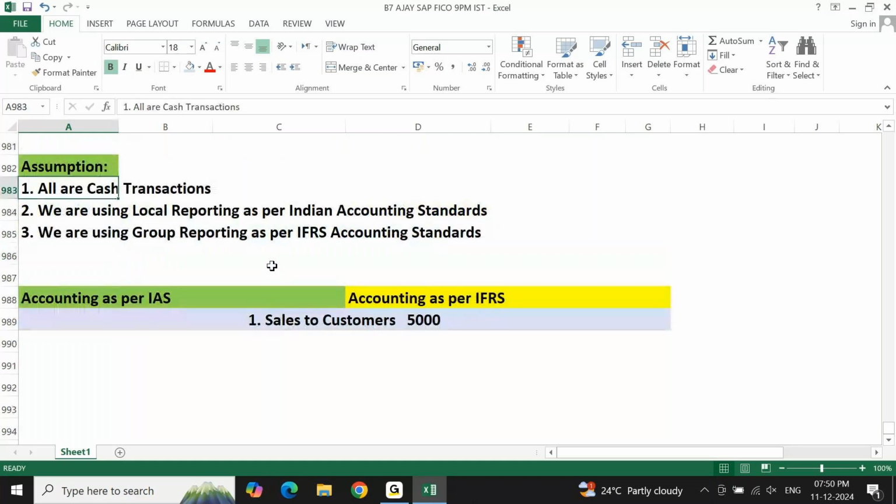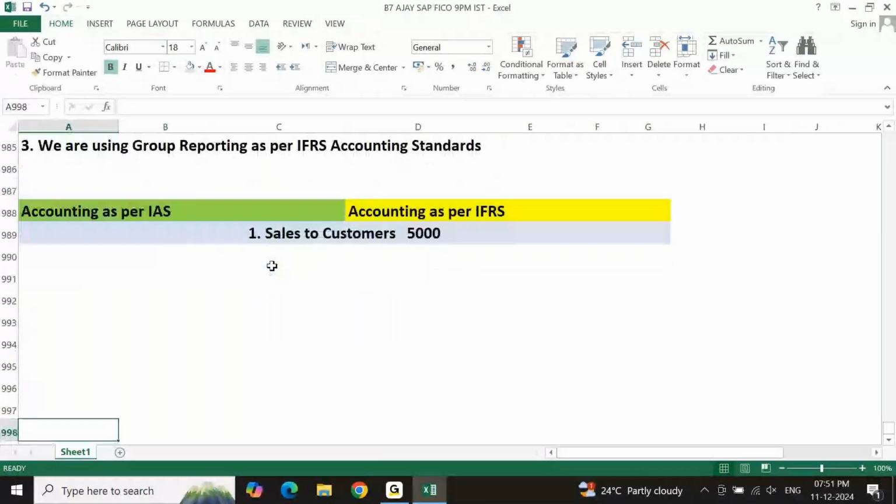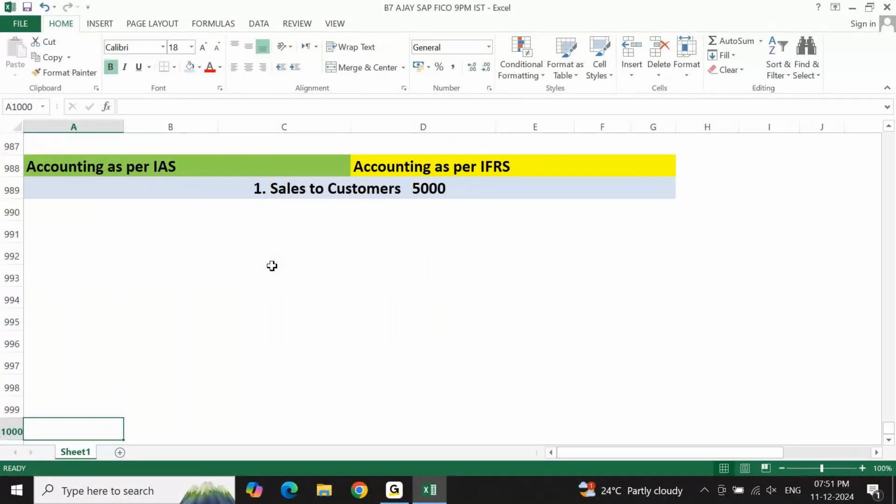Okay, because this is only for the understanding purpose. We are not writing the detailed accounting entry. We are writing the accounting entry assuming it is a cash sale. We are not writing the customer name here. That we will do later on as we move forward. Only for the purpose of understanding the concept, logic, scenario, we are taking very basic, very simple, very fundamental accounting entries. If it is a cash sale, what will be the accounting entry?